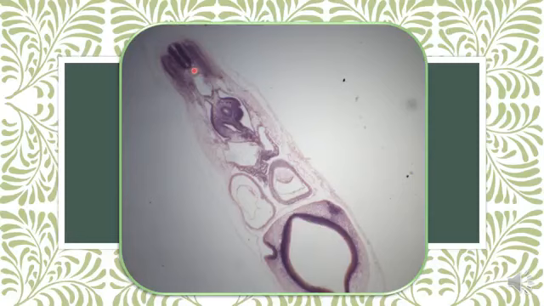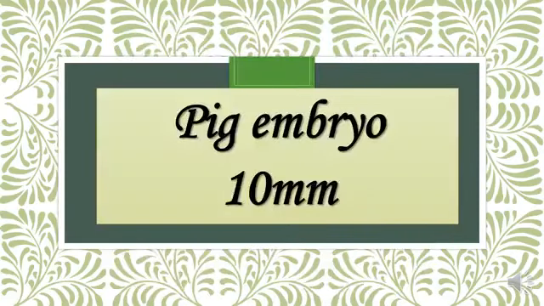Dorsal aorta, cardinal vein, notochord, sclerotome, dermomyotome, neural tube. The same structures can be seen in any embryo transverse sections.